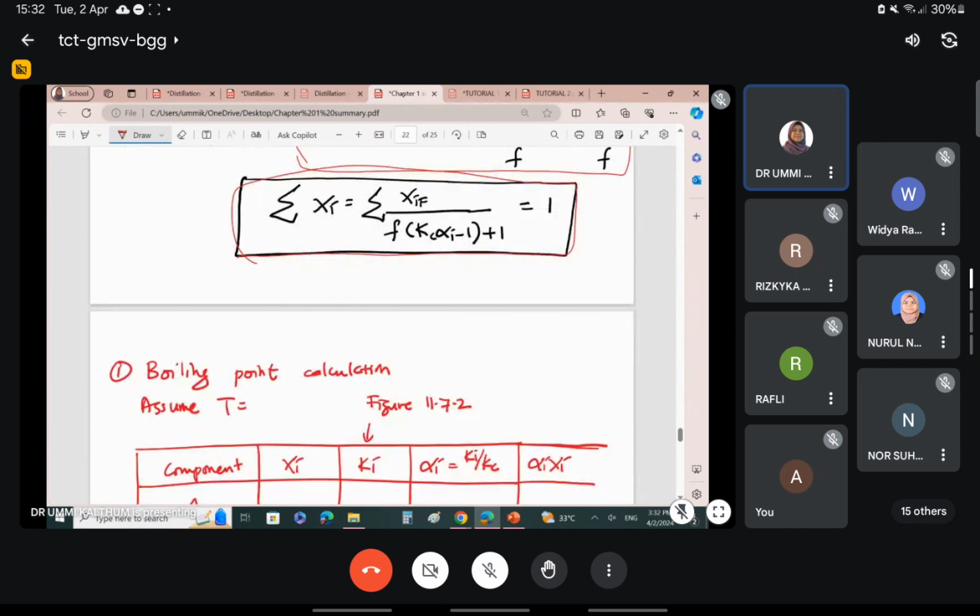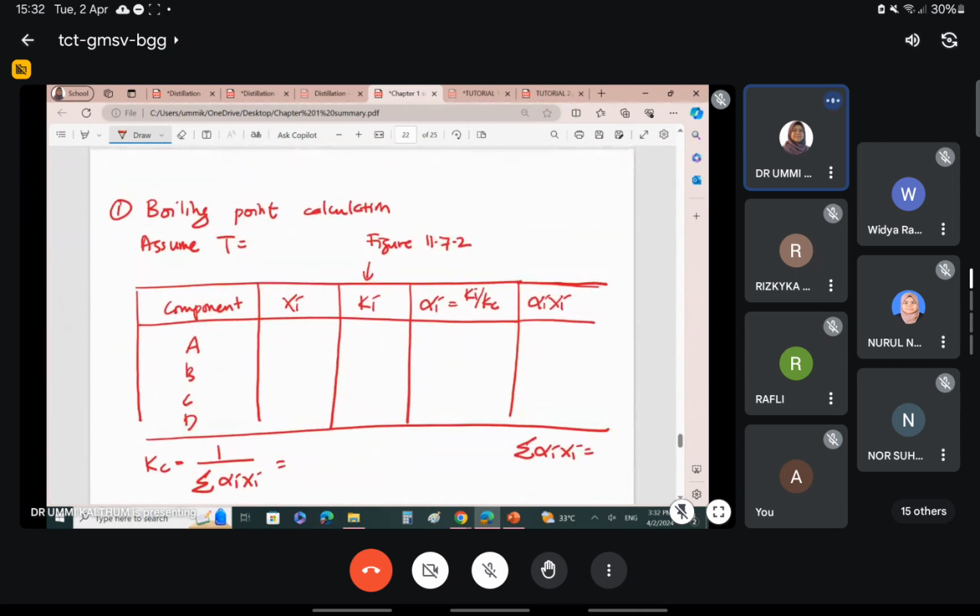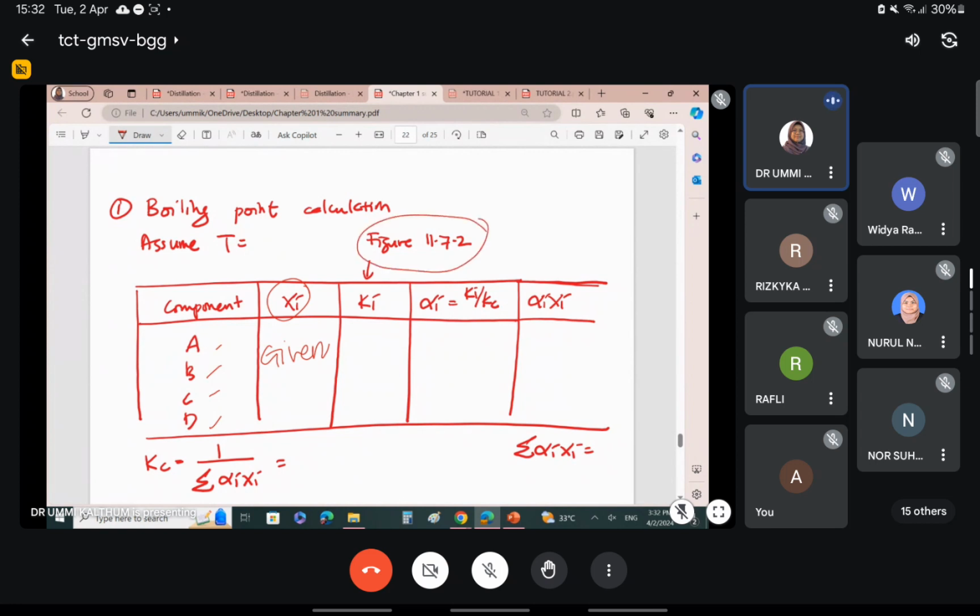Okay, so this is a table set up untuk boiling point calculation. So for component A, B and C, the value of xi is given. Okay, so find the Ki from figure 11.7-2. Kita dapat Ki, cari alpha. Alpha i is Ki over Kc. Okay, and then cari alpha i times xi.